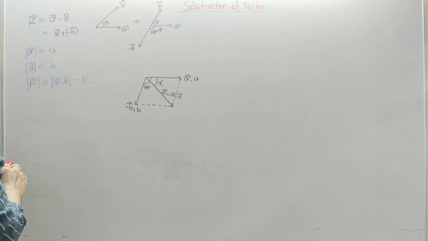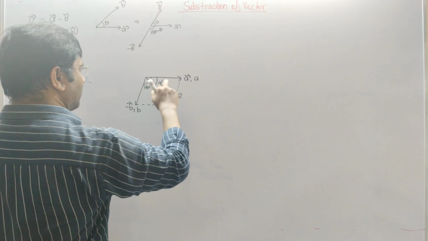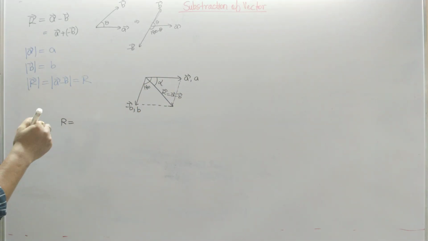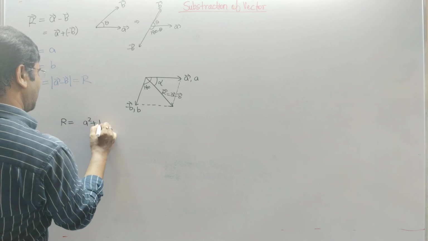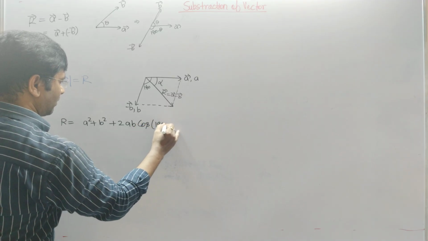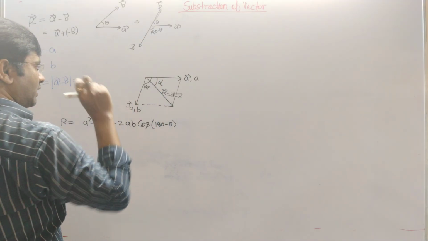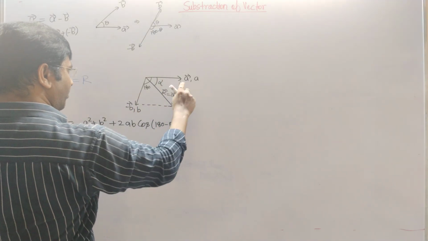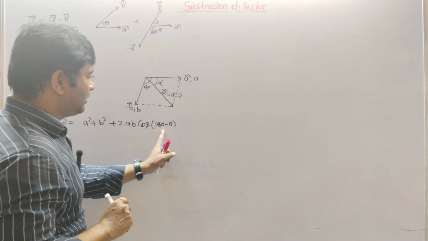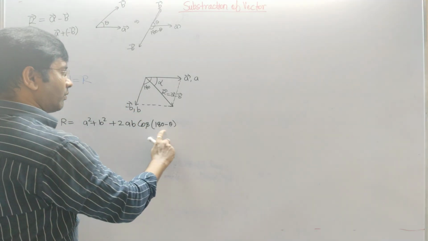So we know the formula for the magnitude of this vector R. If two vectors are added, the magnitudes of both vectors are A and B, and the angle between both vectors is 180 minus theta, I can use the formula A square plus B square plus 2AB cos of 180 minus theta. Because now vector A and vector minus B, the angle is 180 minus theta, and the magnitudes are B and A. This is the angle between the vectors, and here the angle between vector A and vector minus B is not theta, it is 180 minus theta.